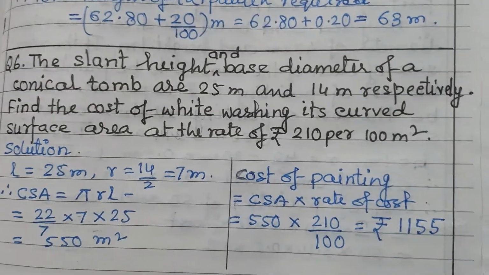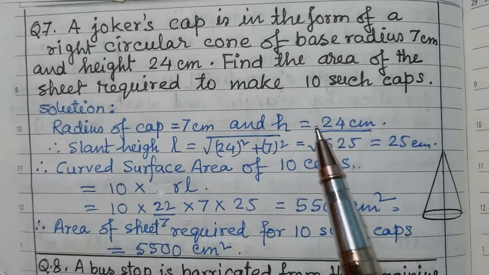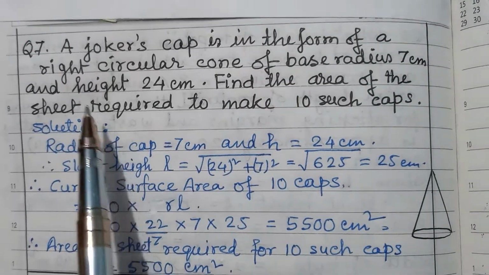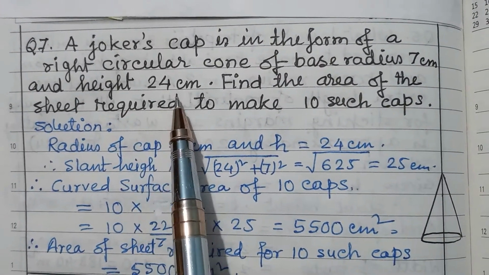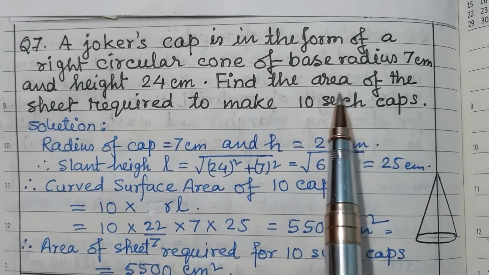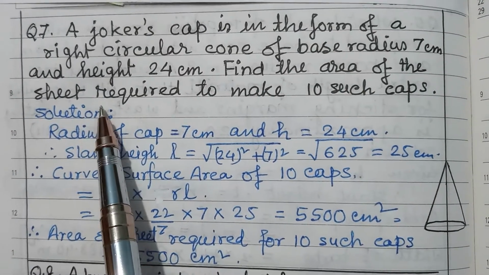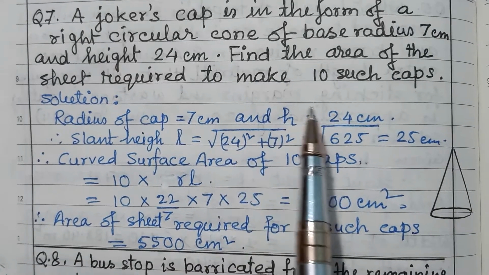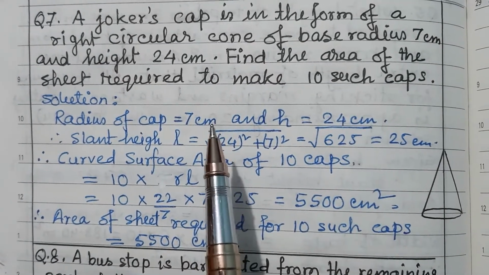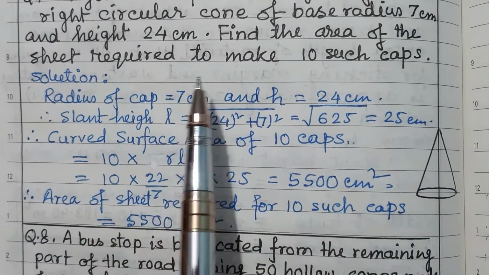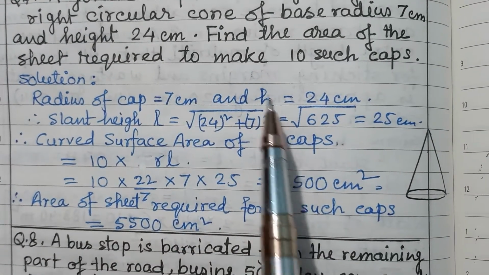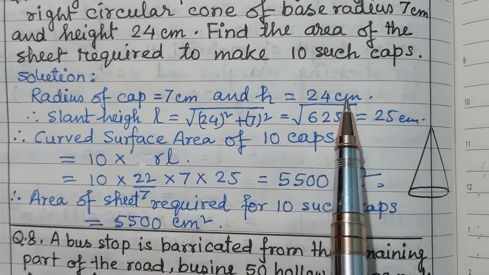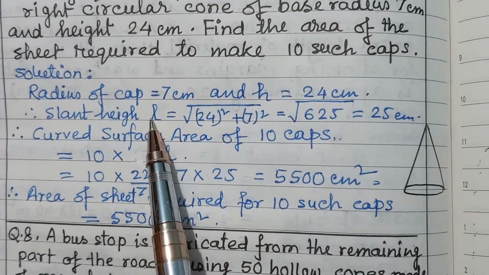Okay. Next is question number 7. A joker's cap is in the form of a right circular cone of base radius 7 centimeter and height 24 centimeter. Find the area of the sheet required to make 10 such caps. Simple, the radius of the cap is given 7 centimeter, height is given 24 centimeter, slant height we have to find out.